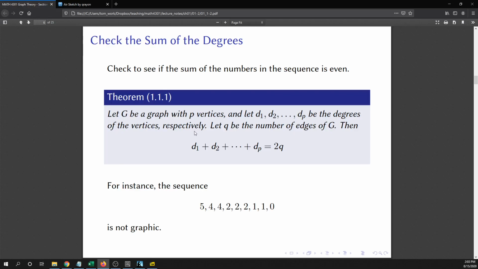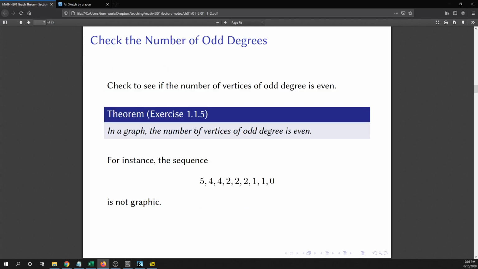All right, the next criteria that we talked about in the list was the number of odd degrees. This way is actually a little bit faster than the previous way, and this is exercise 1.15 in our book. It says in a graph, the number of vertices of odd degree is even.